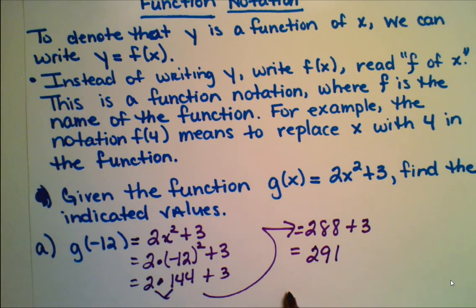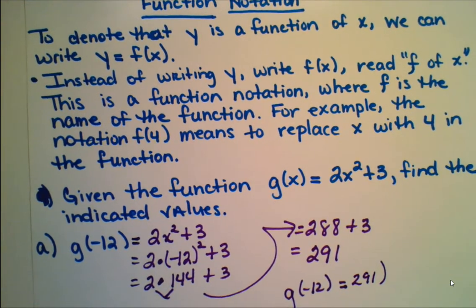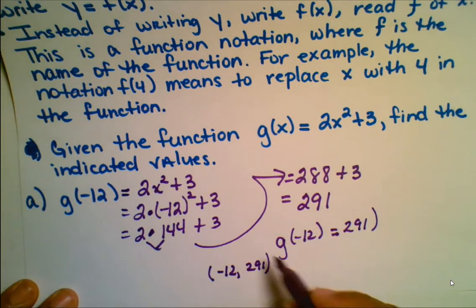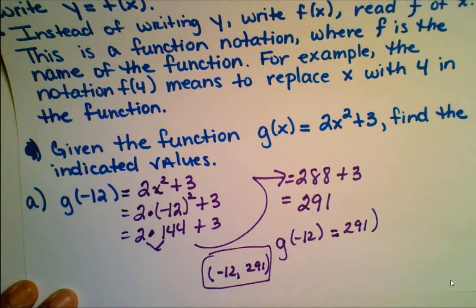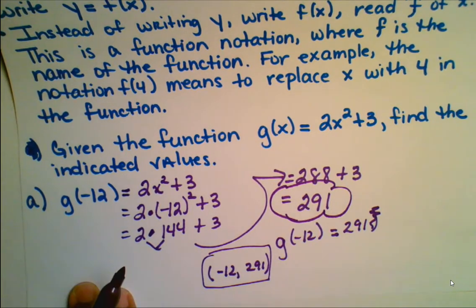So basically your domain is x and your range is 291. As an ordered pair, if I had you plot this, you would plot negative 12 comma 291. Okay, so 291 is your solution.